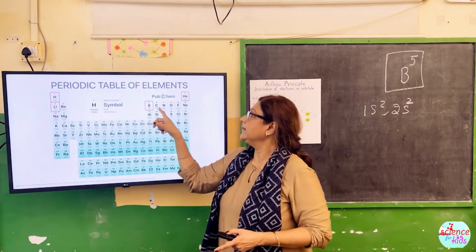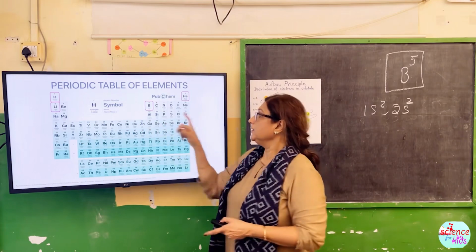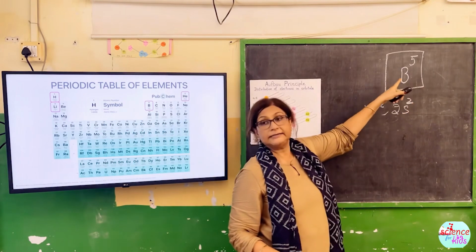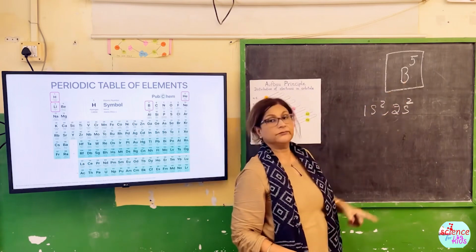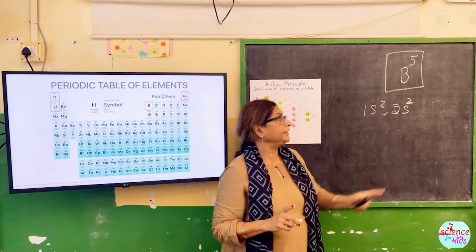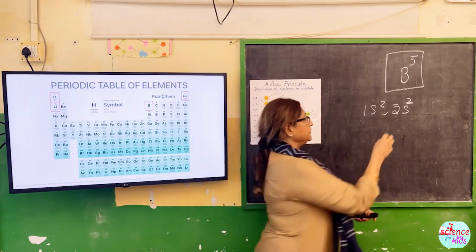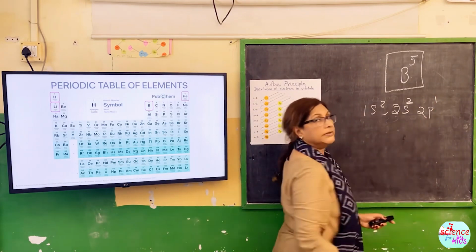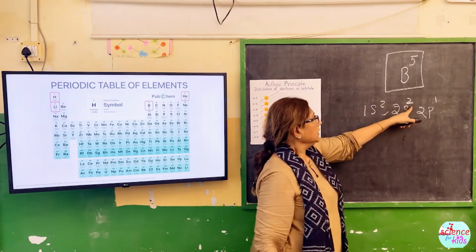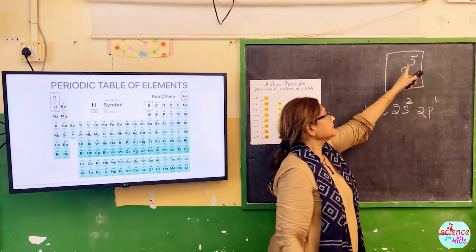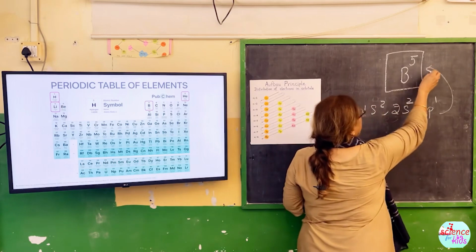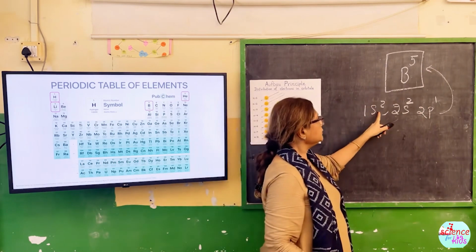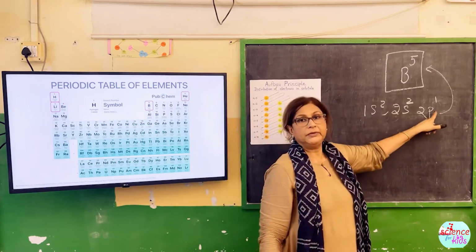Period 2 also has a p block in here. So when we have done 2 electrons in the s block, there is still a remaining electron. 2 plus 2 is 4. So how many extra electrons do we have here? That is 1, which will go in 2p, and that is 2p1. So 2 plus 2 plus 1 is 5. And again that matches our atomic number. So the electron configuration for boron will be 1s2, 2s2, 2p1.